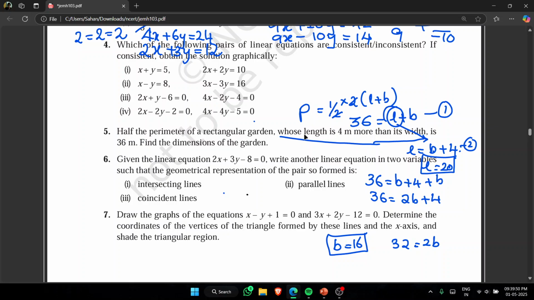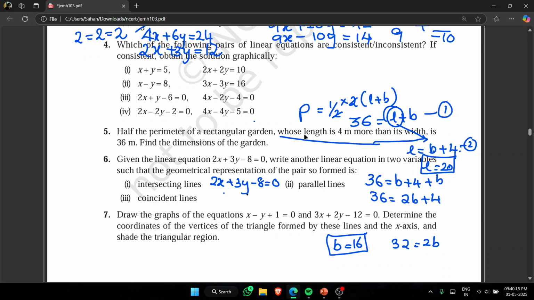Then, given the linear equation 2x plus 3y minus 8 equals 0, find another for intersecting lines. First I will write this first equation. They are asking us to give one more equation where the lines will be intersecting. For intersecting, the condition is a1 by a2 not equal to b1 by b2.